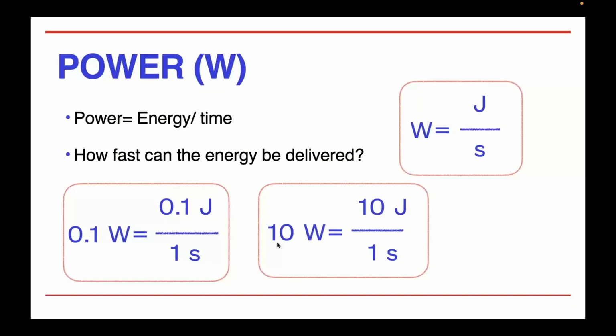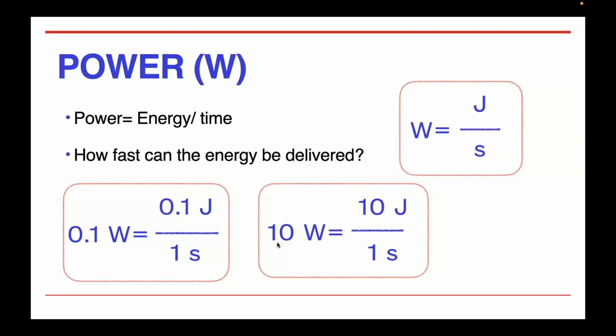If I only have 0.1 watts, or 100 milliwatts, which is the same, of average output in the device, I can only get 0.1 joule in 1 second, or in other words, it would take 10 seconds to deliver 1 joule. And with 10 watts of power, we can deliver 10 joules in 1 second. So the higher the power used, the faster a treatment can be delivered.